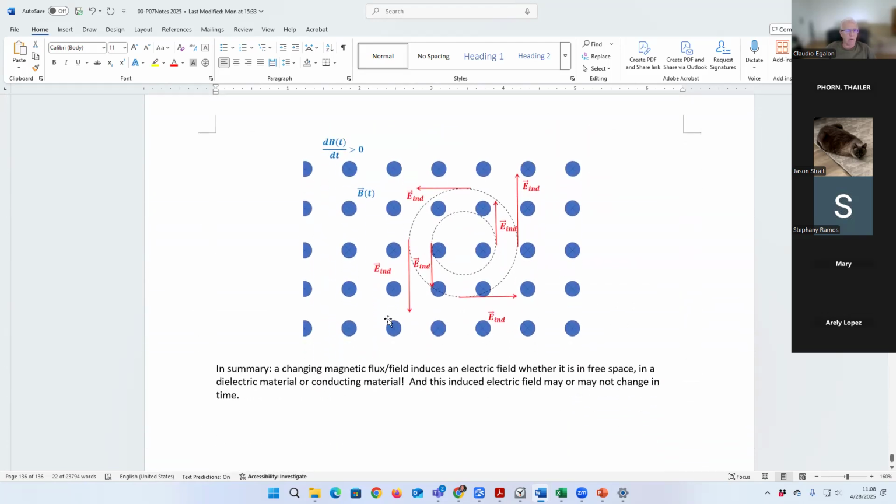In this drawing, I removed the electric conductor. In summary, a change in magnetic flux induces an electric field, whether it is in free space, in a dielectric material, or a conducting material. And this induced electric field may or may not change in time.